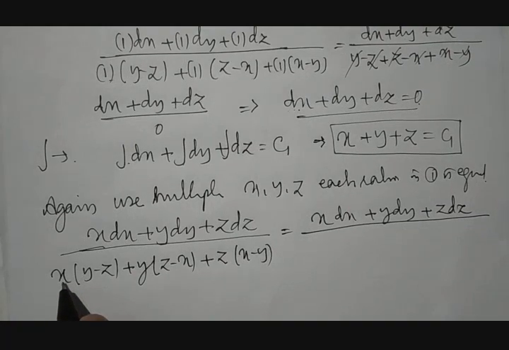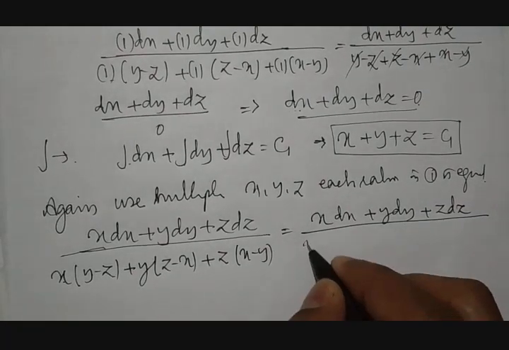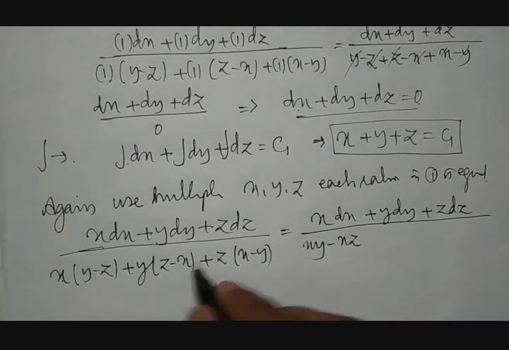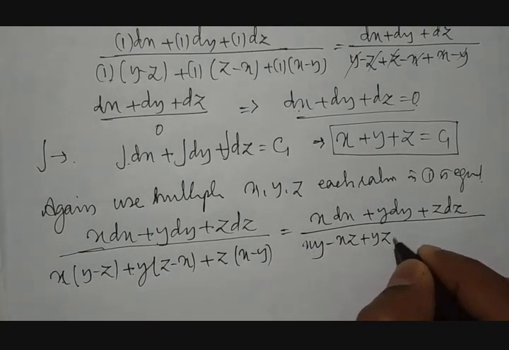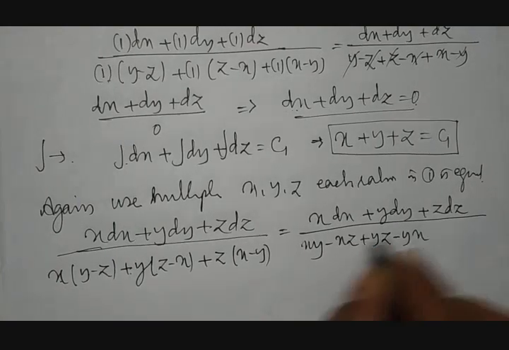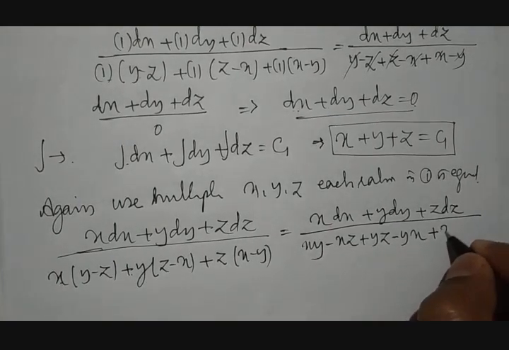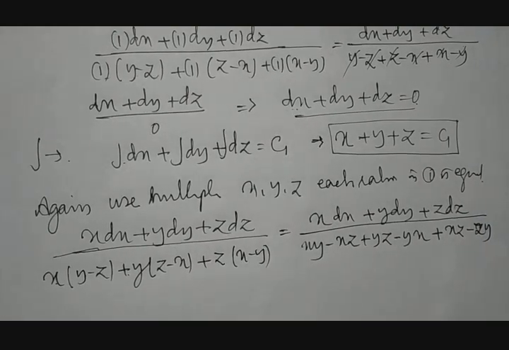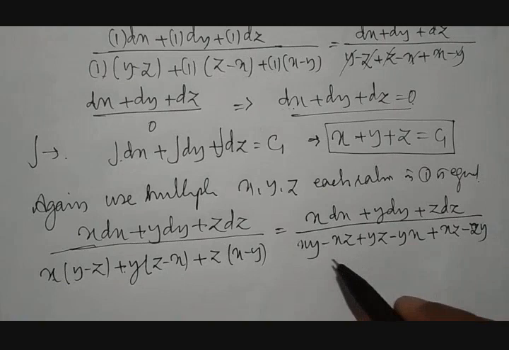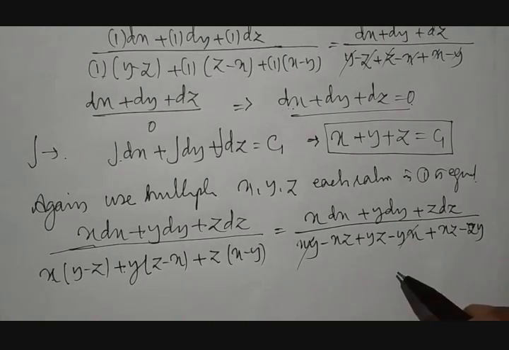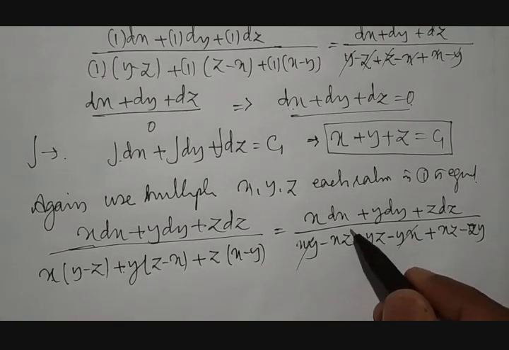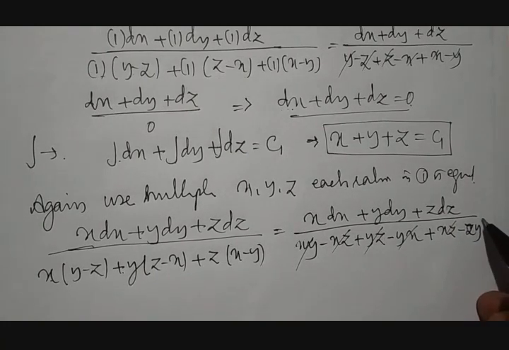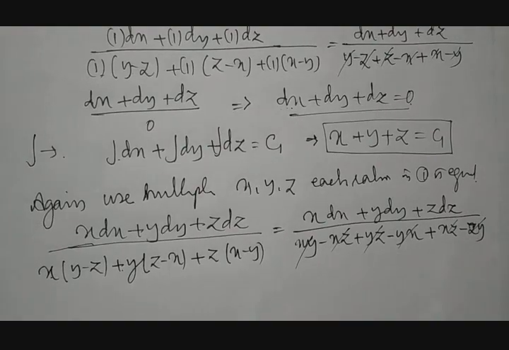Now you can take the multiplication group: x into y, minus x into z, plus y into z, minus y into x, plus x into z, minus z into y. Again we can see xy cancels with minus yx, minus xz cancels with plus xz, and zy cancels with minus zy.